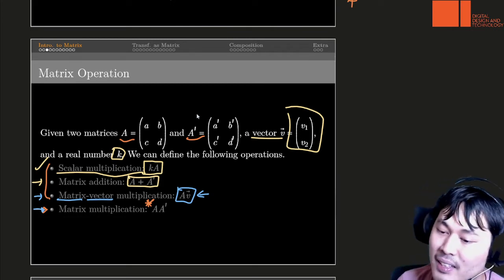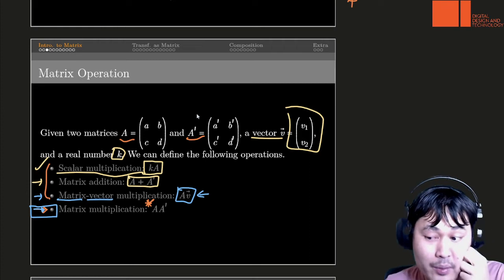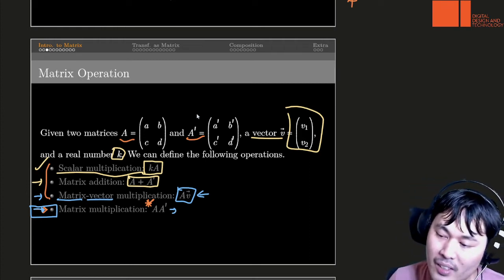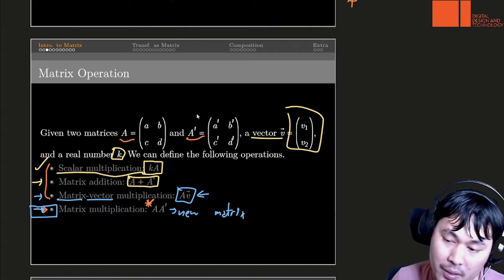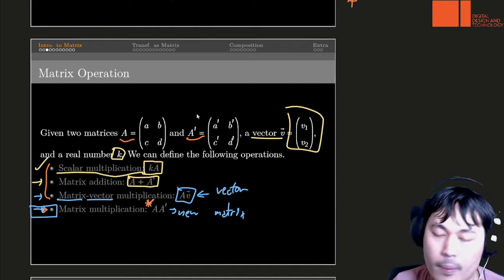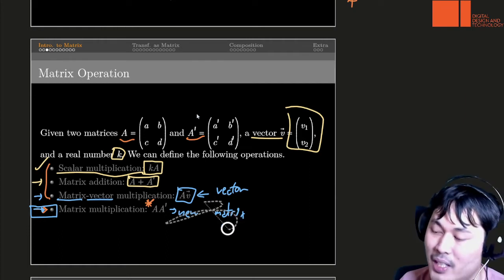And lastly, this is the new topic that we will learn this week: you can multiply 2 matrices together to get a new matrix. Oh, by the way, if you multiply a matrix to a vector, you get a vector. Not sure if that makes sense, but if you multiply 2 matrices, you get a new matrix.